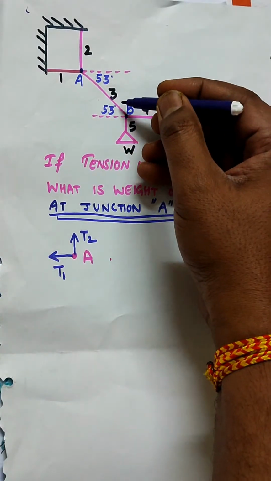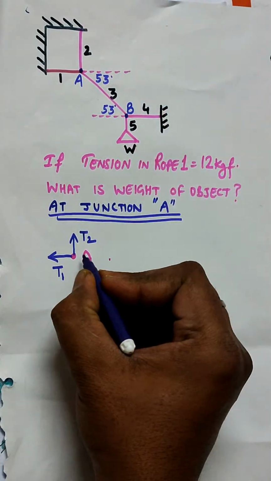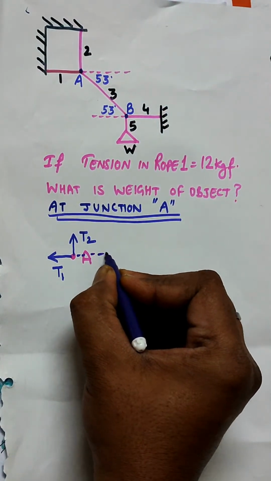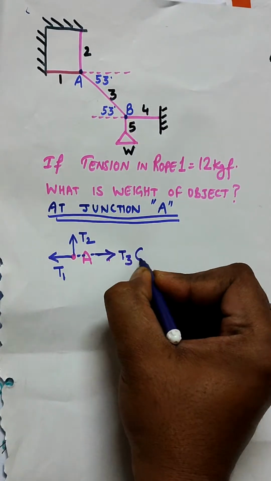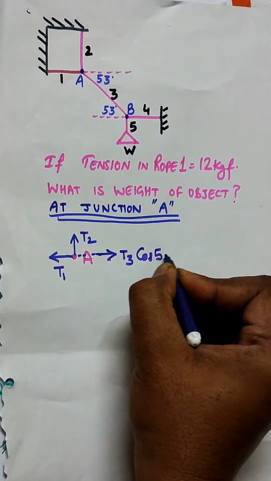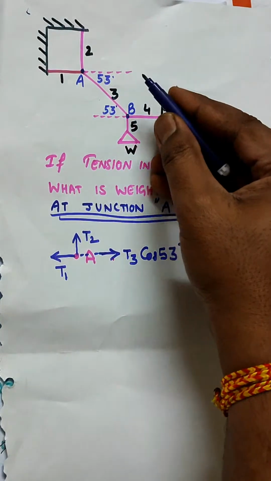The component of force acting in the x direction is T3 cos 53 degrees.